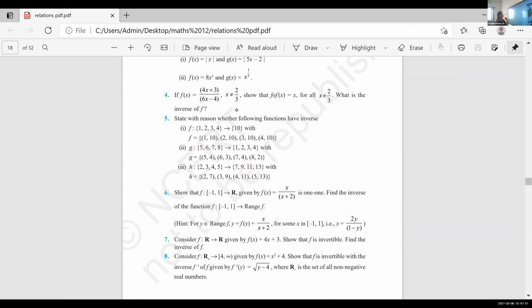Look at the first one. Is it 1, 1? Fifth one, Roman letter 1. Read the question and check whether it is 1, 1. Solve the fifth question. You have 3 subdivisions. These are all 1 mark questions. And tell me which of the following functions will have inverse.